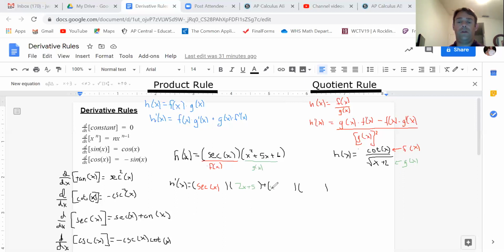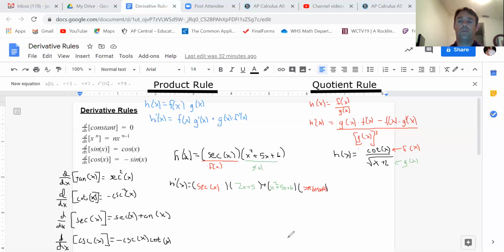Second, x squared plus 5x plus 6. Times the derivative of the first. So secant x tangent x. Run out of a little bit of room. That's tangent x right there.